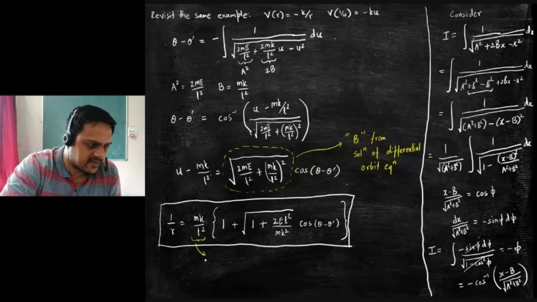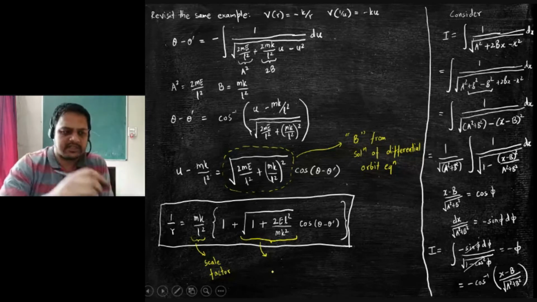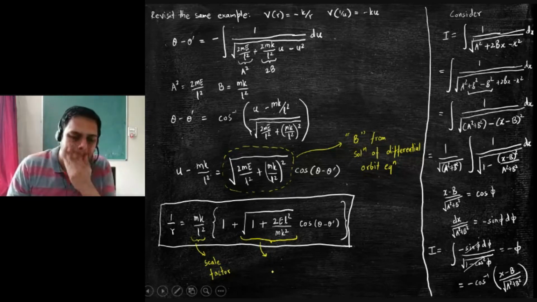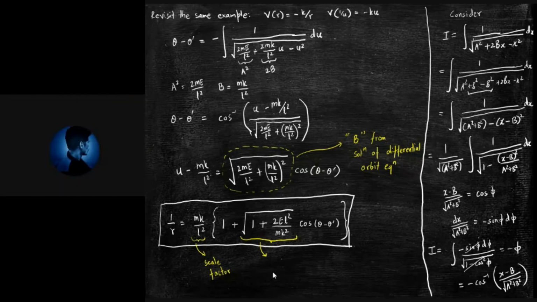This is the scale factor, which is the same as we got from the differential form, which has to be. And this square root term is what? Yes. Eccentricity. Very nice.